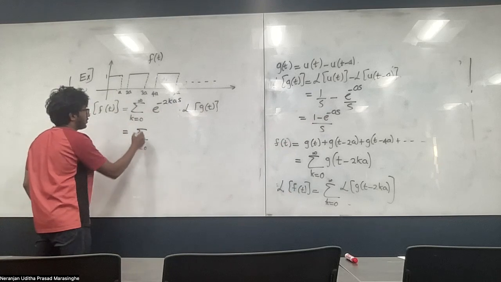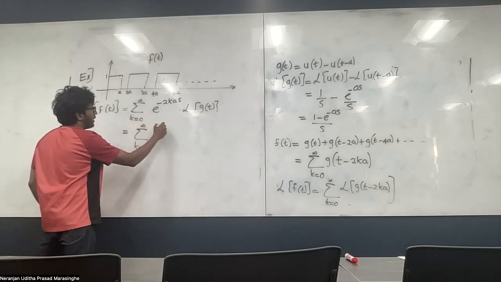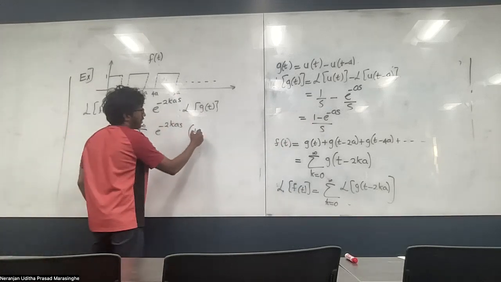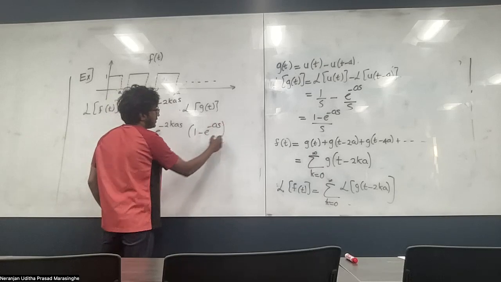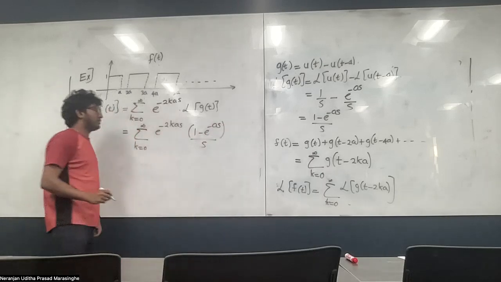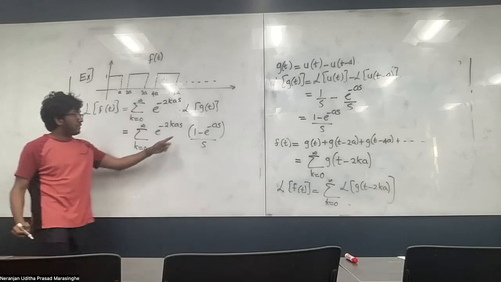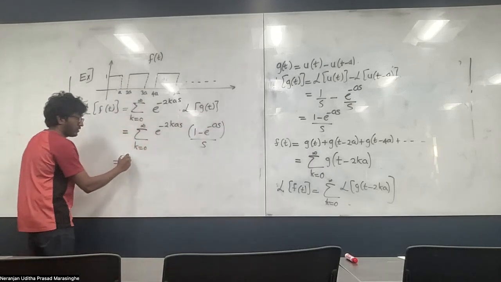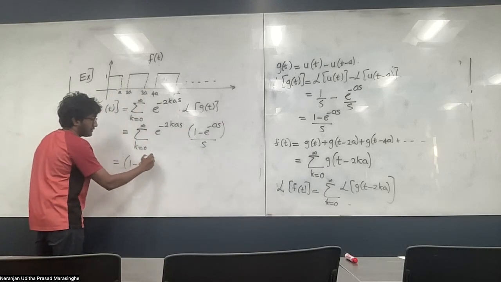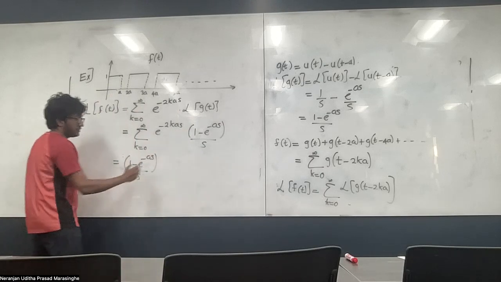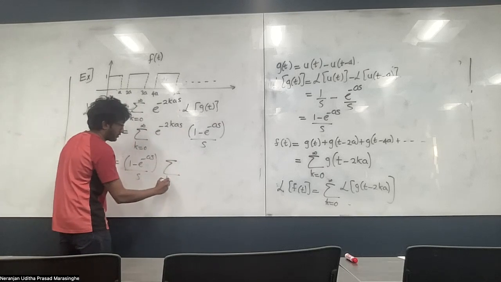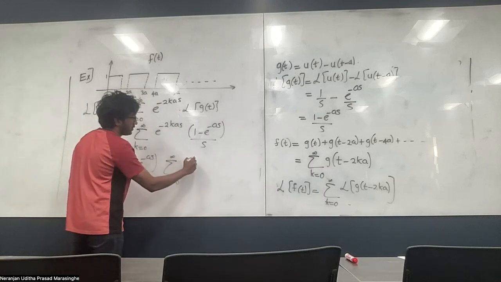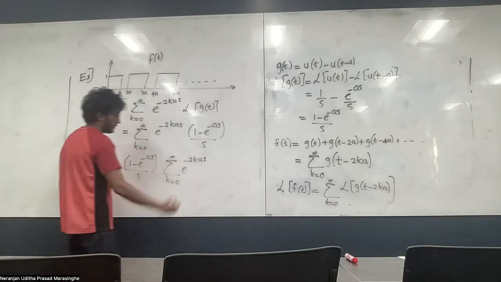The summation as k goes from 0 to infinity of e to the minus 2kas, times (1 minus e to the minus as) divided by s. Then I would take this piece out of the sigma sign: (1 minus e to the minus as) divided by s, times the summation as k goes from 0 to infinity of e to the minus 2kas.